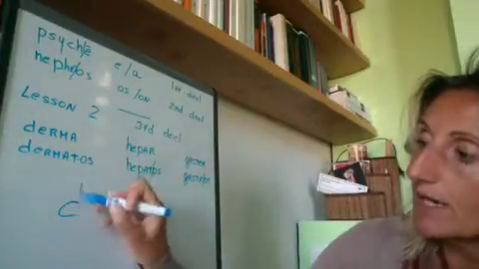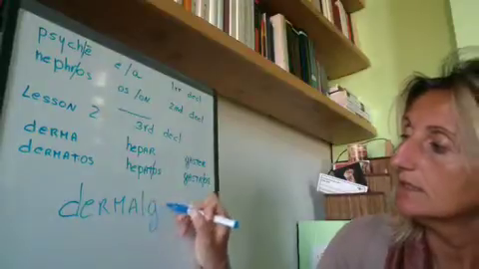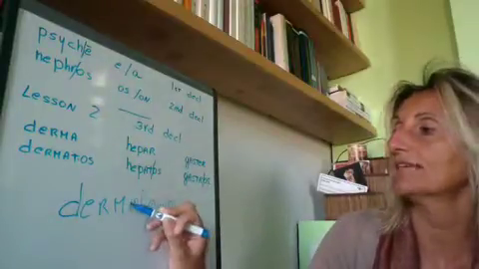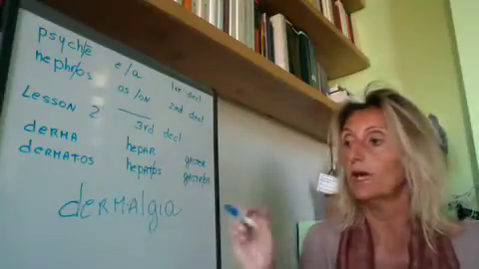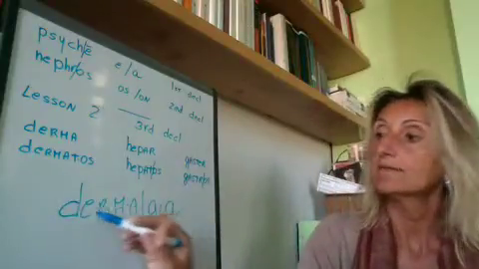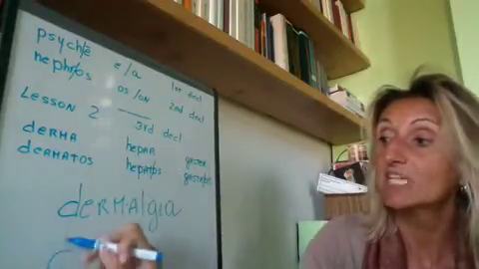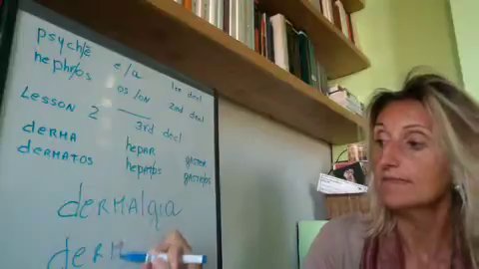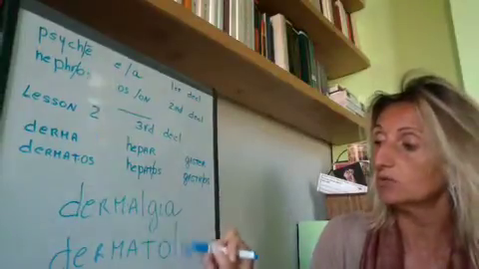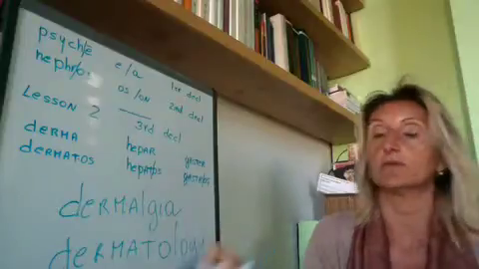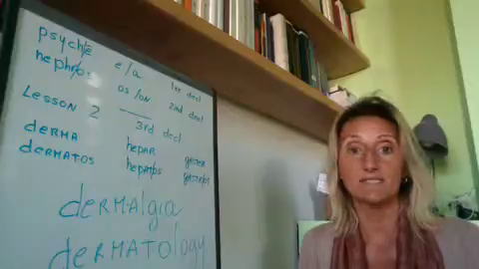So let me write it. Dermalgia, in which you have studied algia, meaning pain, in lesson 1, okay? So pain of the skin, that comes from derma, from the nominative. But you have dermatology, the study of any condition of the skin, dermatology, study of skin and of its conditions, that is formed from the form dermat, okay?